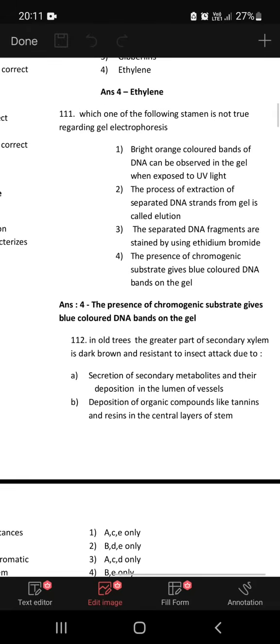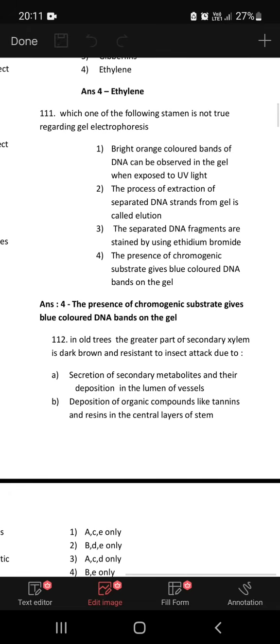In old trees, the greater part of secondary xylem is dark brown and resistant to insect attack due to secretion of secondary metabolites. So the greater part of secondary xylem in older trees, they are talking about heartwood or duramen. Secretion of secondary metabolites and their deposition in the lumen of vessels.